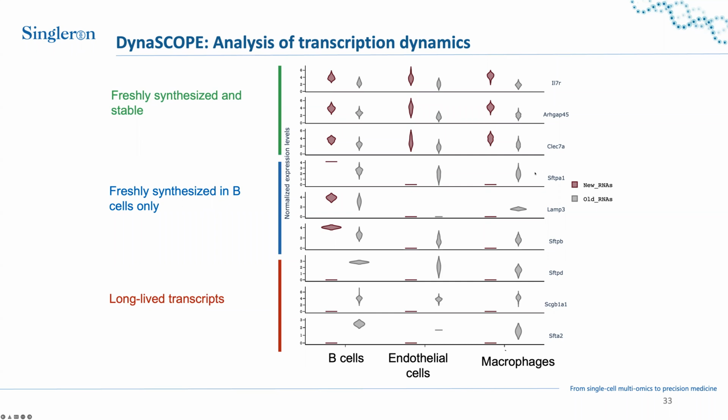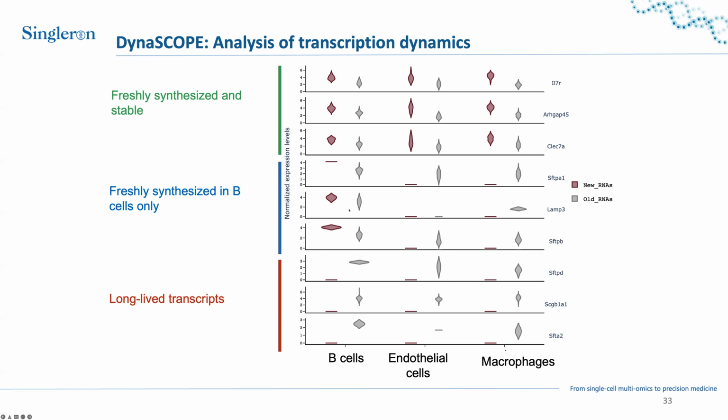While for the second group of genes, you can find them in endothelial cells and macrophages, but those are all lasting RNAs, so there was no synthesis of new nascent RNA.